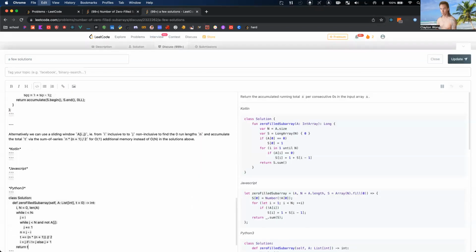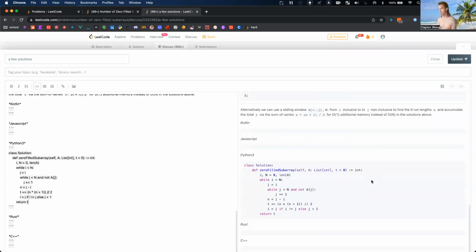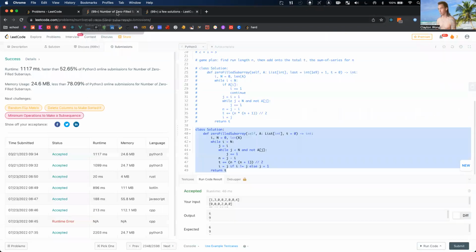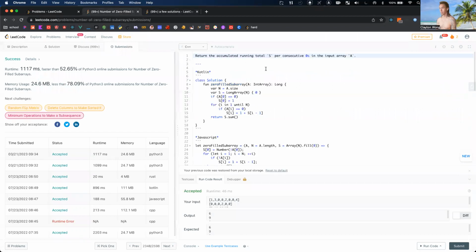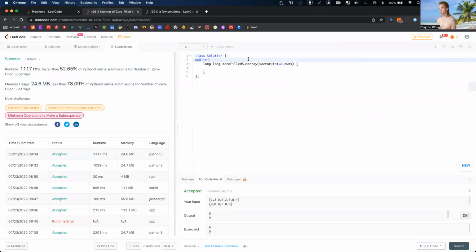All right, Python. These are cool solutions. Oops, kind of a long t in the end here.